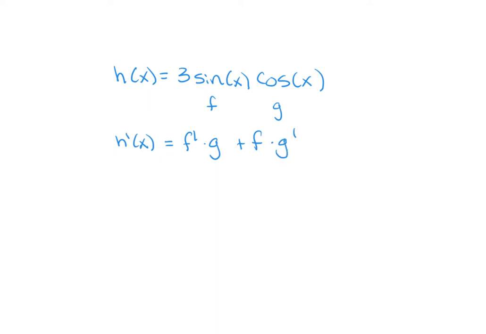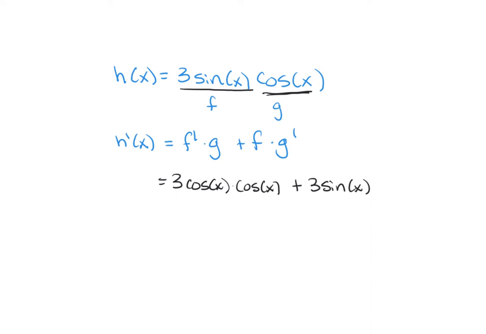All right, so derivative of the first is 3 cosine x, and then times the second, cosine x. Okay, plus f, which is 3 sine x, times the derivative of the second.